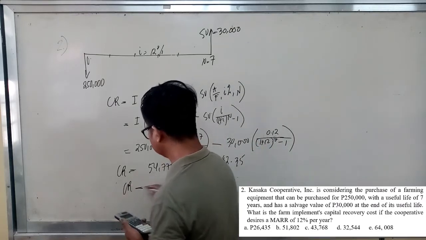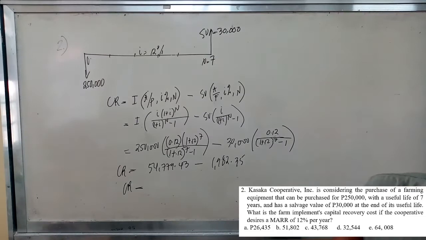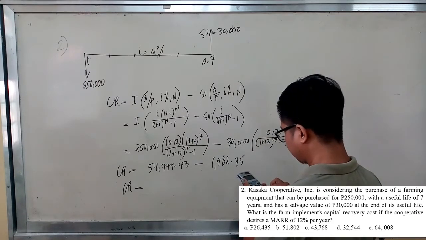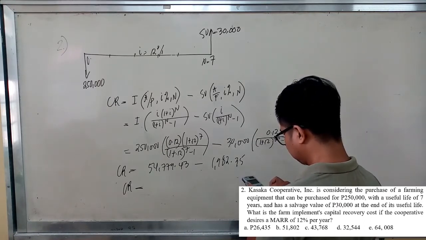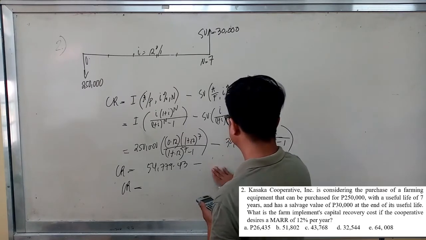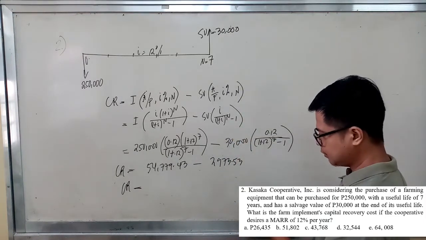So, capital recovery is equal to 52,000. So this is 2,973. Sorry. Nagkamali ata ako sa pagkumpute. Minus 54,779.43.